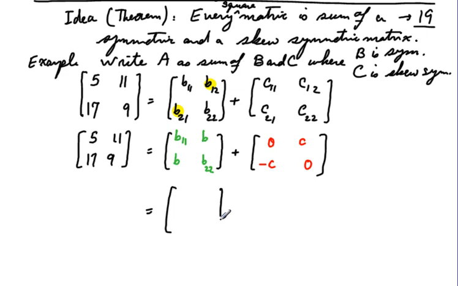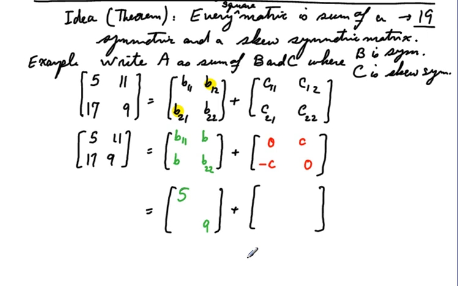You can just guess who's going to be left for B11 anyway. It's just 5, because B11 plus 0 has to match 5. And similarly, B22 is going to become 9. Is that right? So the entries on the diagonal are inherited by the symmetric matrix.